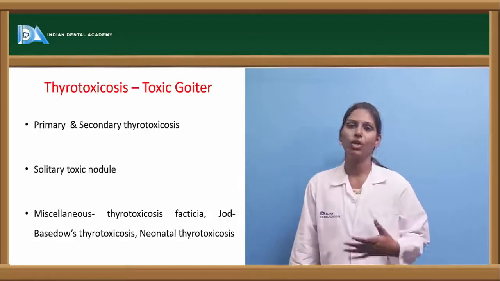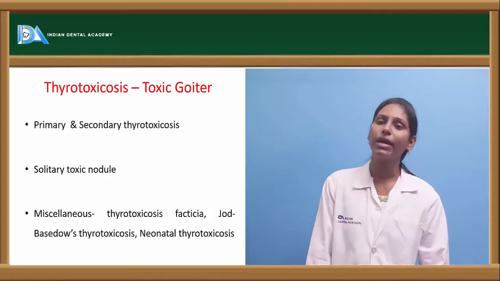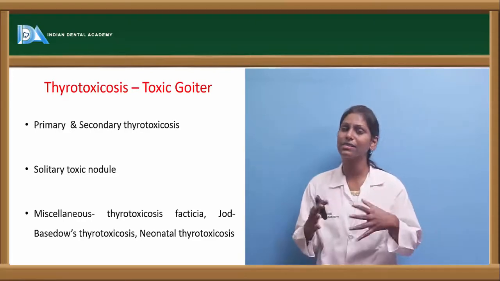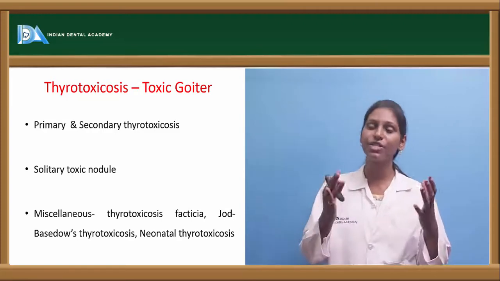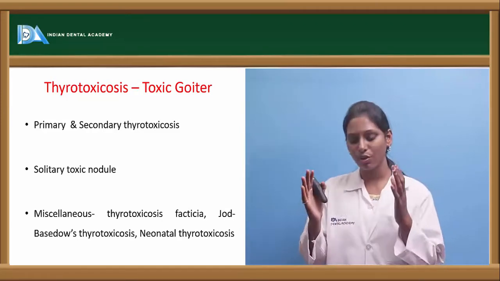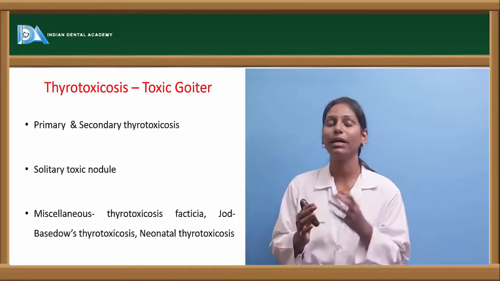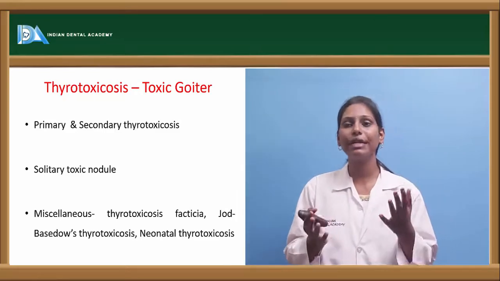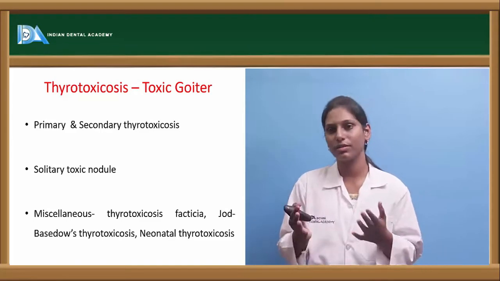Next is toxic goiter. Toxic goiter is also called thyrotoxicosis. In thyrotoxicosis, there is an accumulation of clinical manifestations because of excessive secretion of active thyroid hormones. The thyroid hormones are produced so abundantly, which leads to thyrotoxicosis.